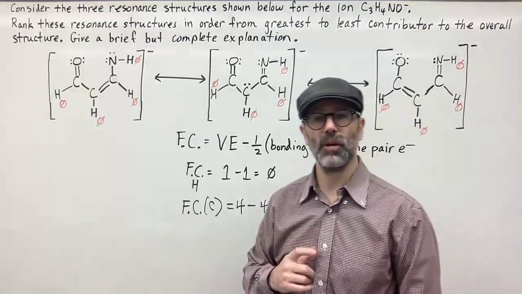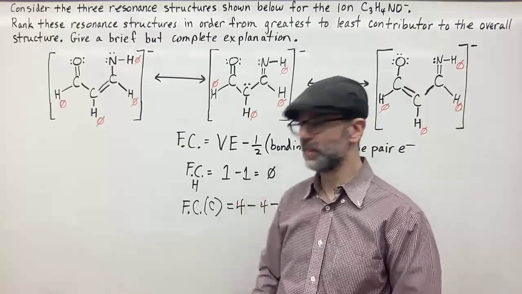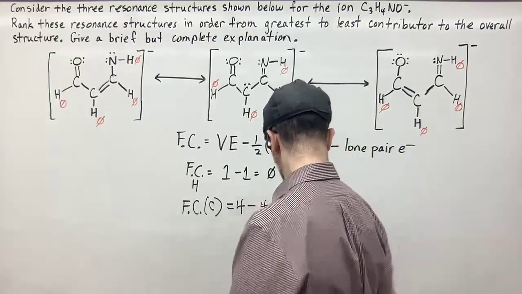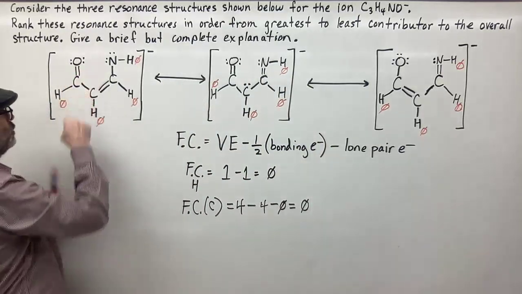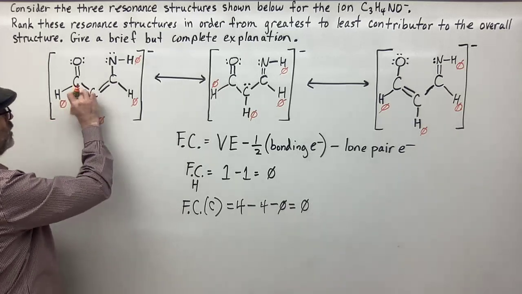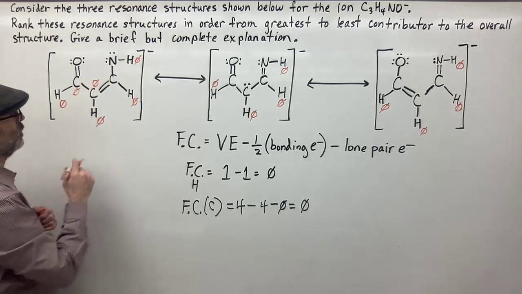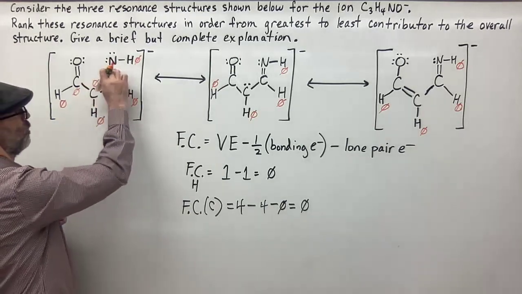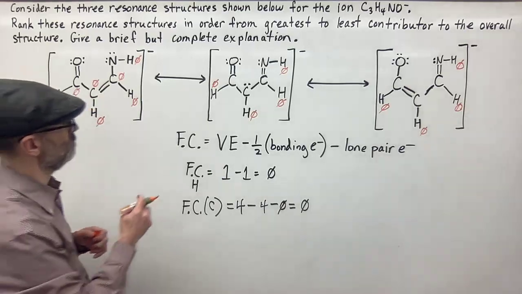So any carbon that has 4 bonds to it and no lone pairs is going to have 0 formal charge. This one has 4 bonds around it, so it has 0 formal charge. This has 1, 2, 3, 4 bonds around it, that's going to have 0 charge. This one has 4 bonds, no lone pairs, 0 charge.